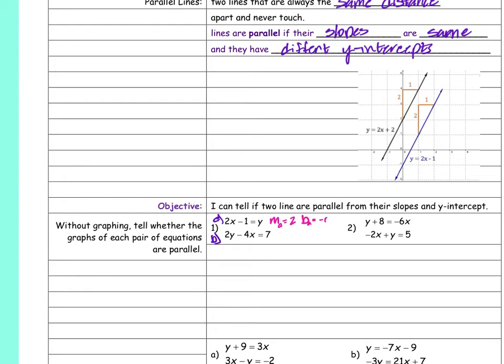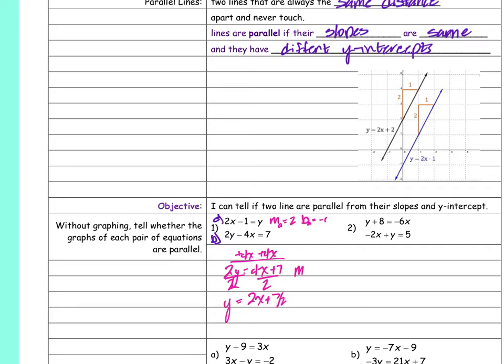And then for the second equation, we're going to have to solve for y, of course, because it's not solved for y. So I'm going to add 4x. So I get 2y equals 4x plus 7, divide by 2, y equals 2x plus 7 halves.